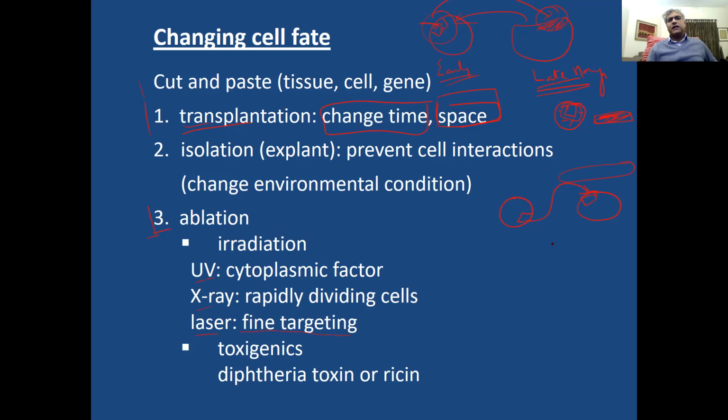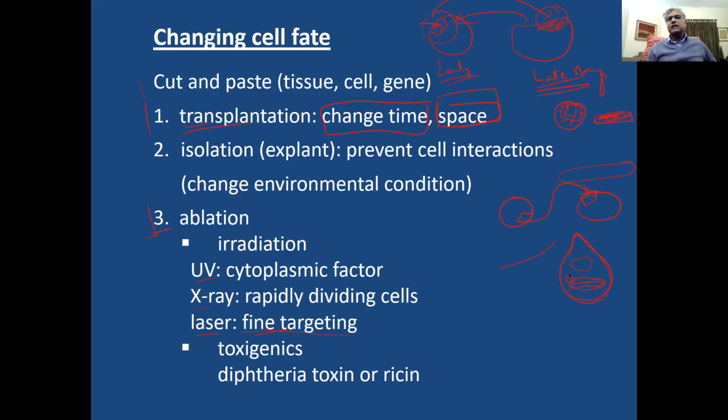For example, let's say you have a tissue, and let's say I draw fruit flies wing imaginal disk. And these are the cells which are going to make adult wing, okay? With this laser, because laser is very targeted, you can target single cell maybe, or just few cells.